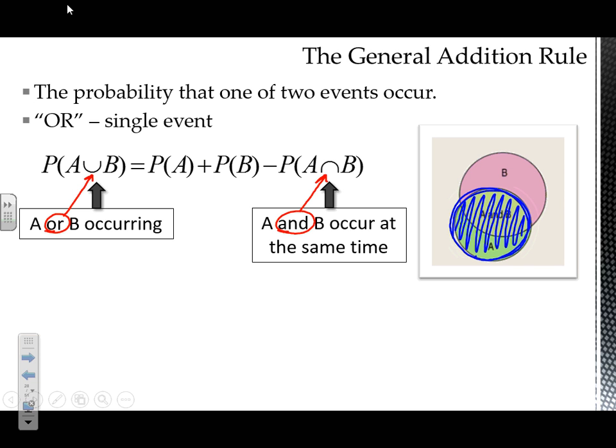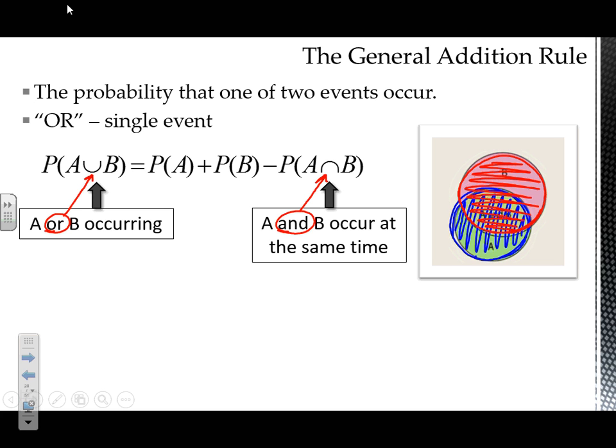Now when I look at the probability of B, that means I'm going to add in all of these outcomes to my formula. So I'm going to add in all of these values. Well, notice if I count every outcome in A plus every outcome in B, what's happened where they overlap? I'm counting those twice.